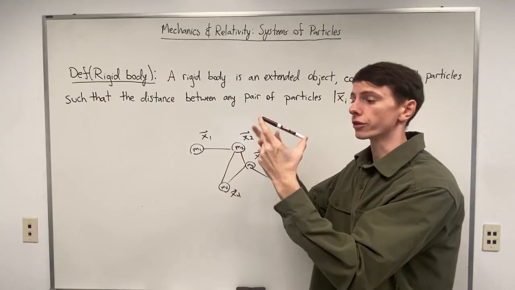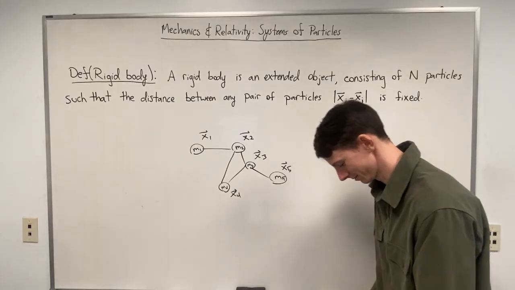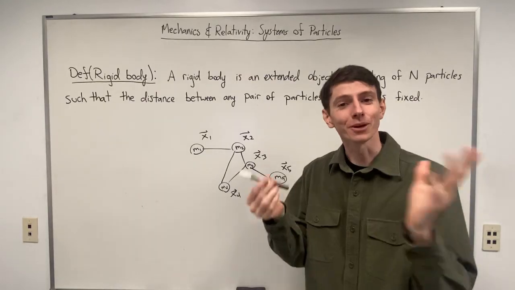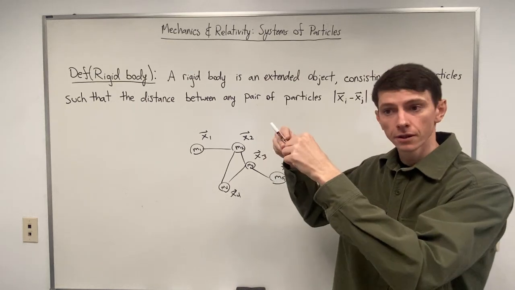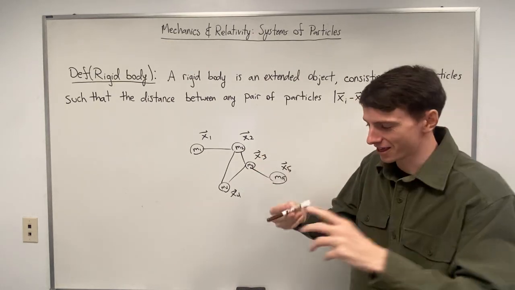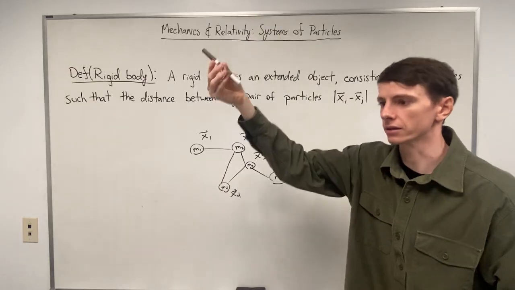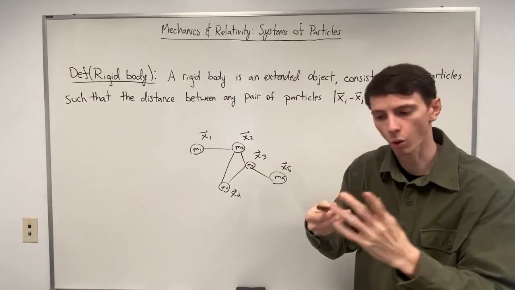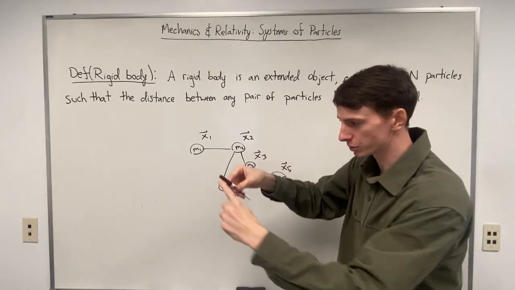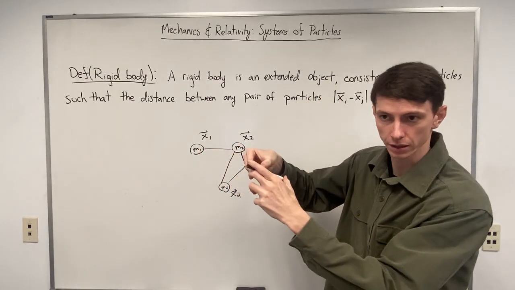Now, if I were to throw this marker in the air, do something like this, almost caught it. While the marker is moving, while it's rotating, I can throw it up in the air, it can slow down, it can speed back up, it can rotate, it can do whatever it wants, but the distance between the particles on the left end and the particles on the right end is going to remain the same.